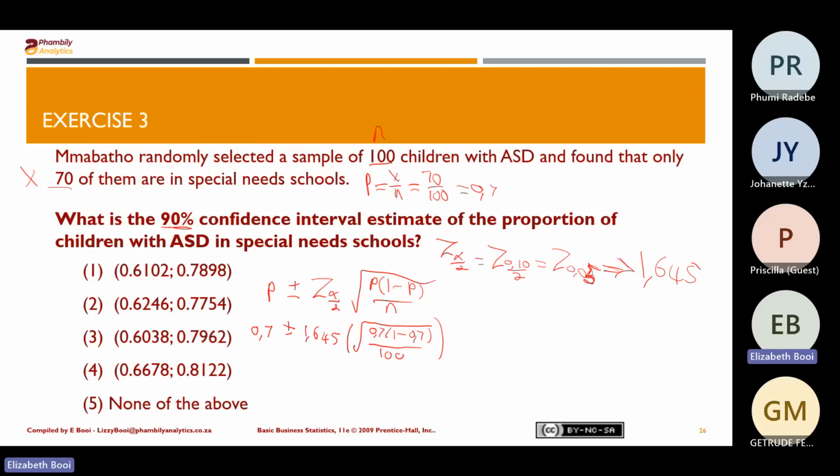And the answer is on the minus side, I get 0.6246. And on the plus side, I get 0.7754. Which will be option number 2.